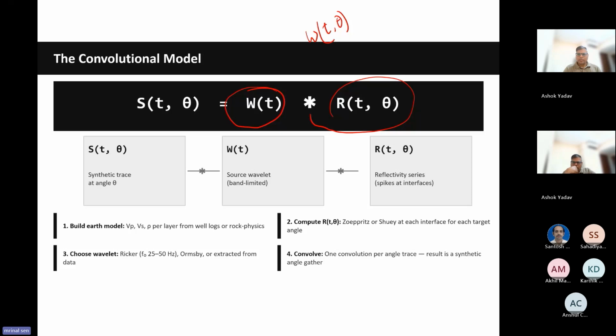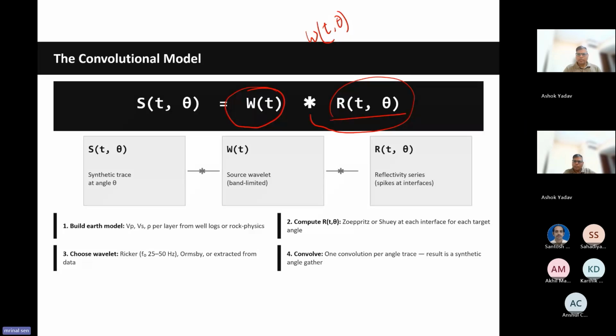So the assignment that I gave you, where the first part is for post-stack synthetic seismograms, the same code you can use for angle traces simply by using an angle dependent wavelet.